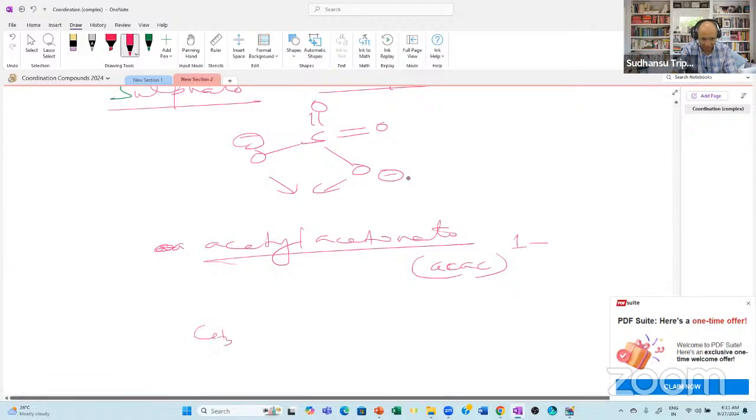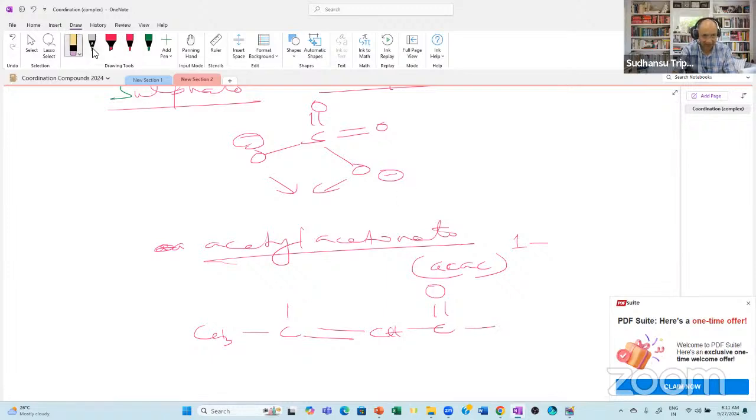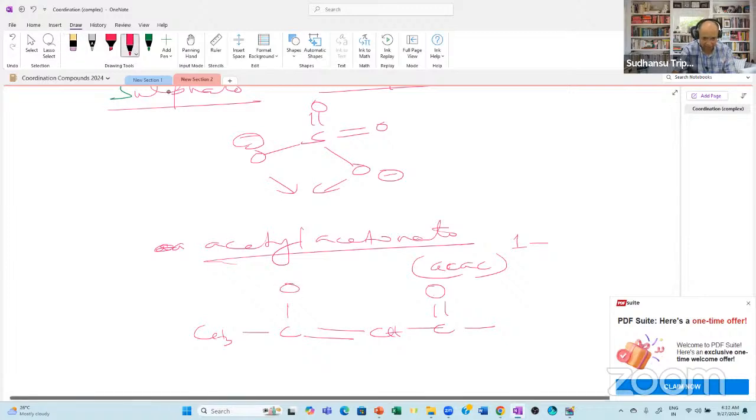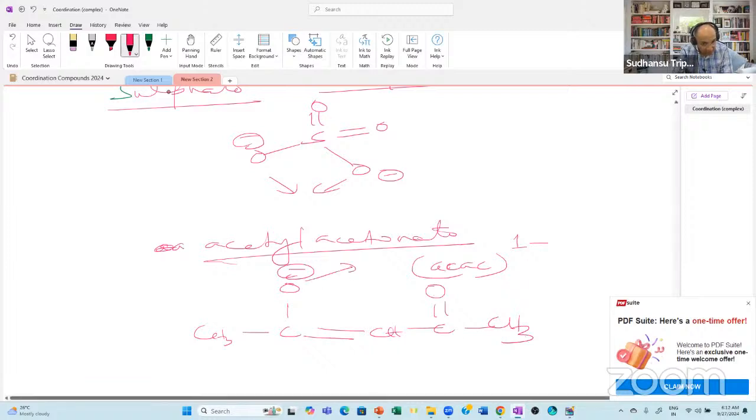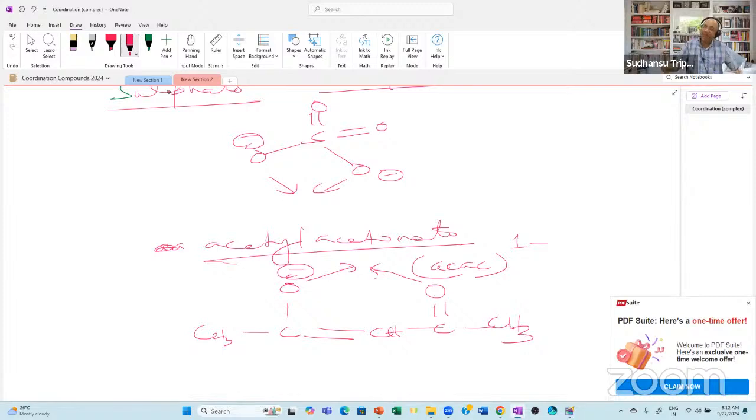I'll tell you how it will be looking. This is the enolate form of acetylacetonato. So this is 1, this is -1. Remember, that should be 1. So this is a very important ACAC, acetylacetonato, having a net charge of -1.